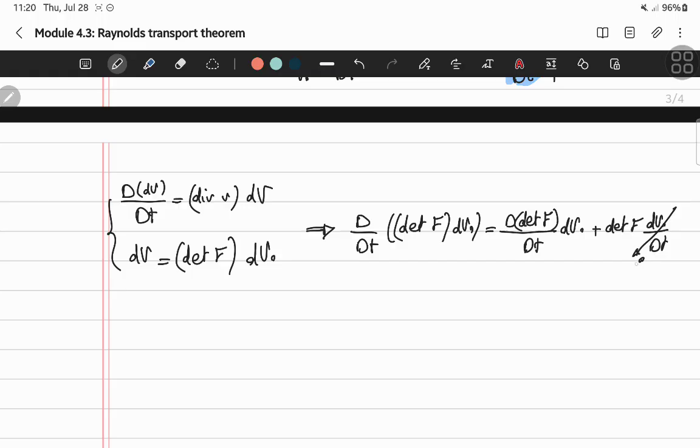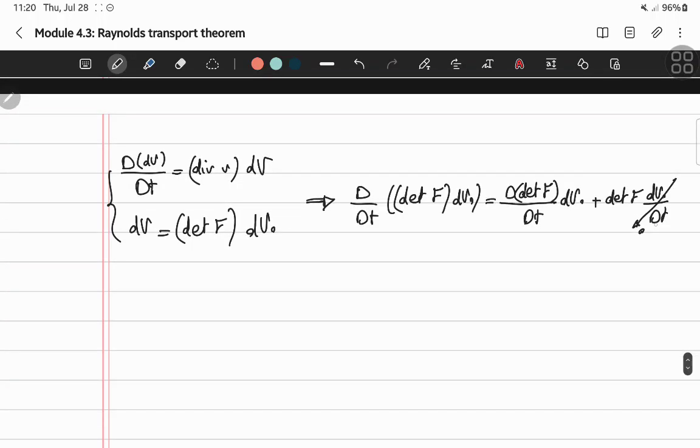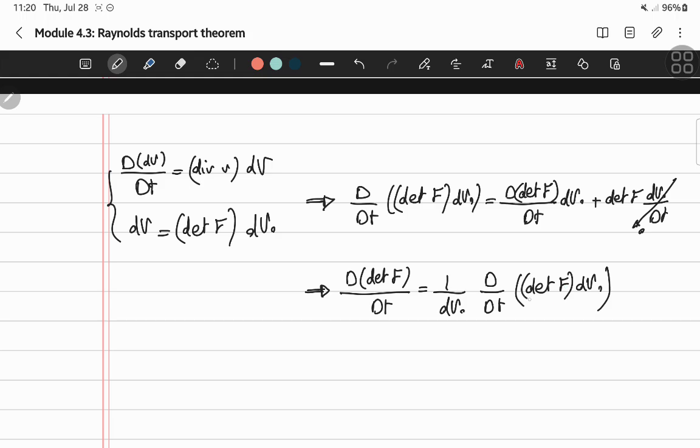This is 0 because we are in the reference configuration and this is not changing with time, so its material derivative is 0. Therefore we only have this in here. Taking this to the other side, the material derivative of the determinant of F is equal to the material derivative of dV divided by dV0.